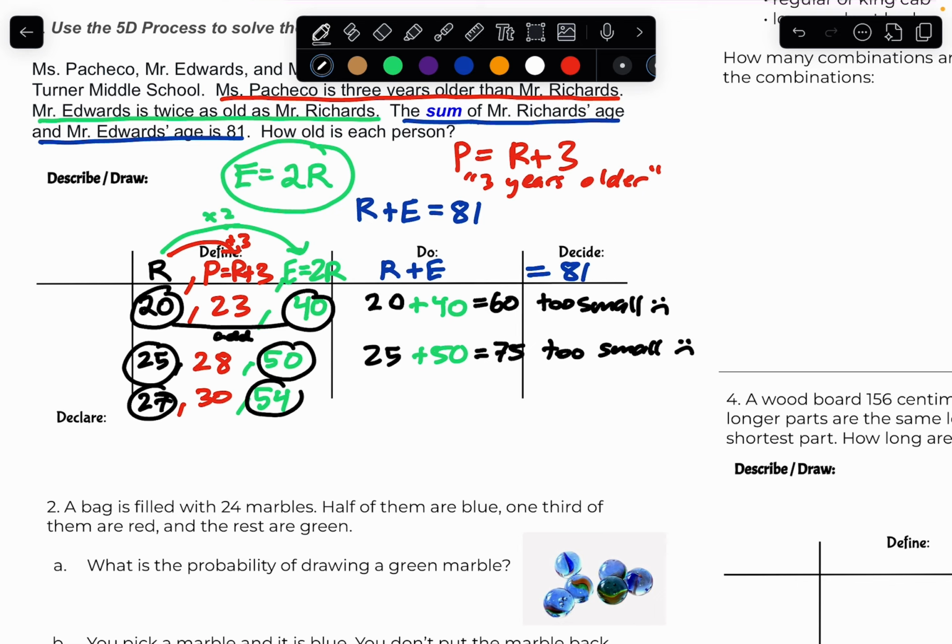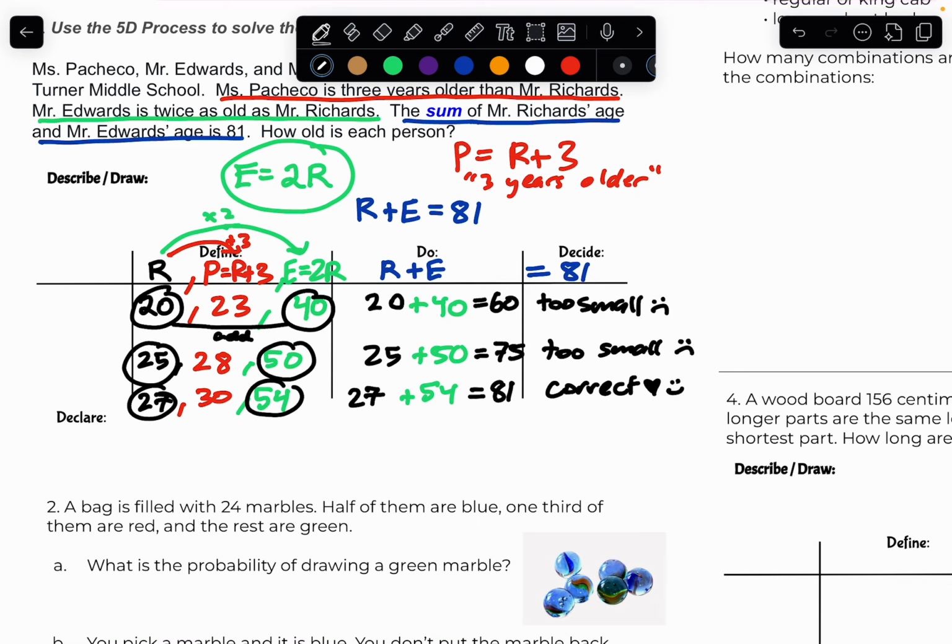And if I add these 2 numbers, I can see that these 2 numbers would add up perfectly to 81, which is correct. Again, I like to put a little heart or a smiley face to show that I knew that I could get to the answer.